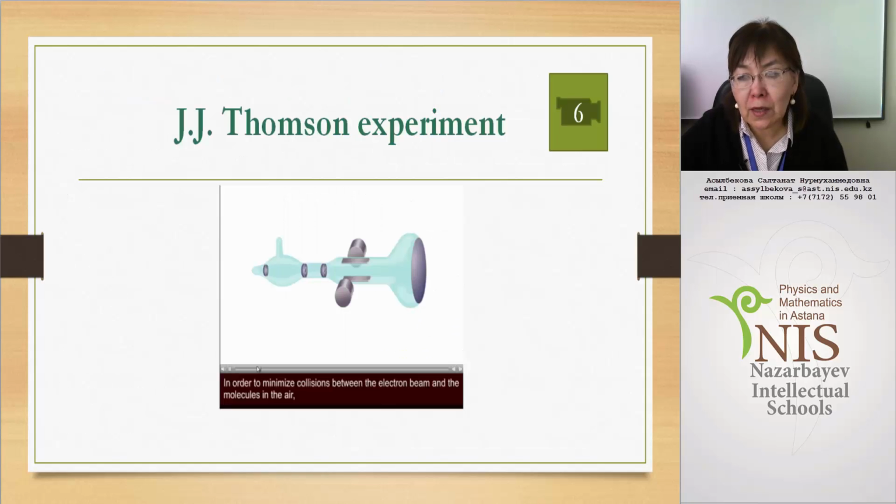Let's watch a movie. This is an interesting experiment from an internet resource which lets you understand the idea of Thomson, the results he got in the end, and the value of the so-called specific charge ratio, or charge to mass ratio.